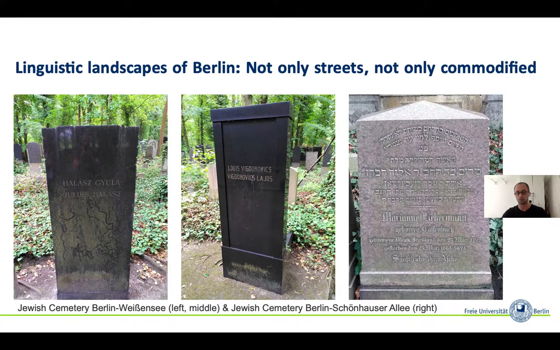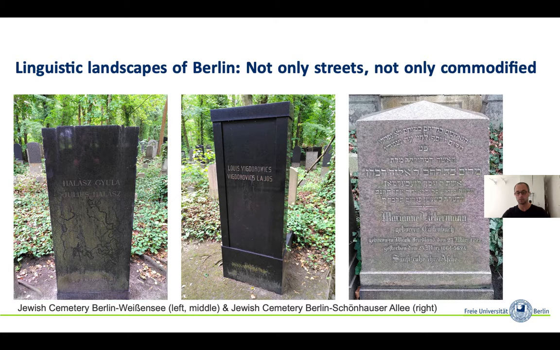Okay. And then there are also other linguistic landscapes in Berlin and in other cities that are really interesting, that are not really on the streets or in shops or official signs, and they are also not commodified. They are not used in order to get more customers or to forbid something. And those are languages used on cemeteries, graveyards.